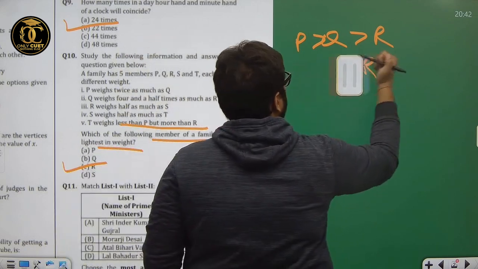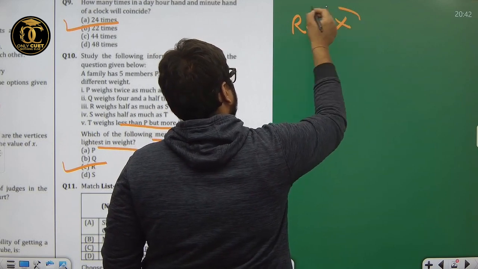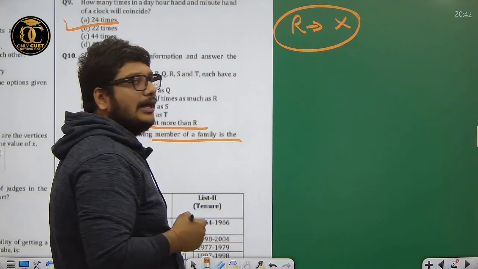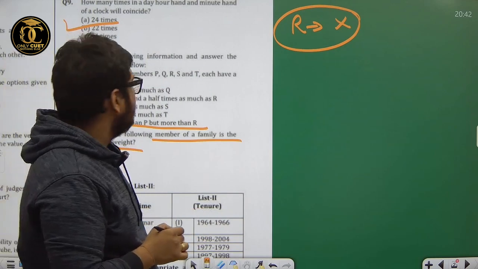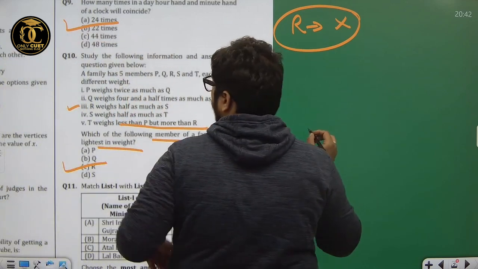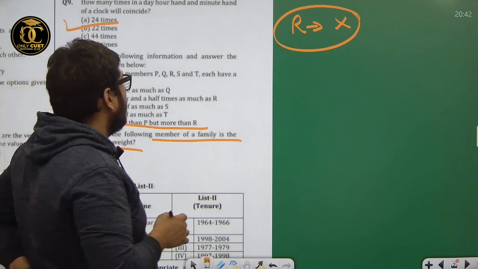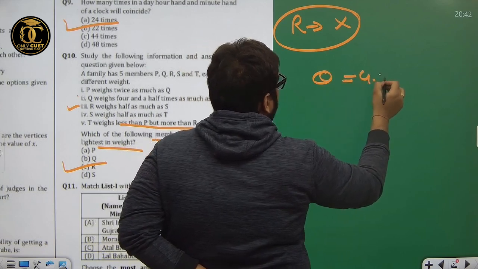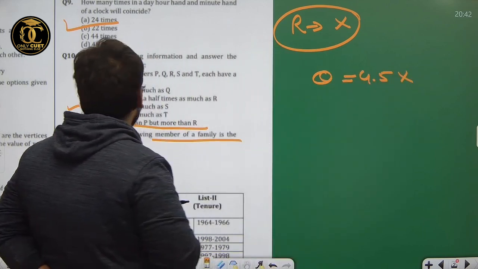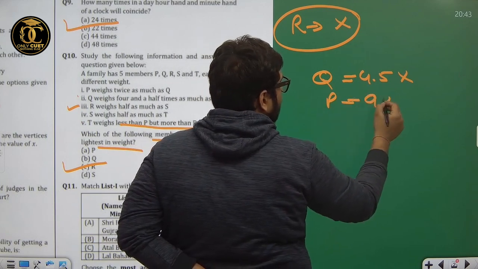Let the weight of R be X. Now let us understand equation 2 first. Q weighs 4.5 times as much as R. R is X, so Q is 4.5X. And P weighs twice as much as Q, so P automatically turns out to be 9X.